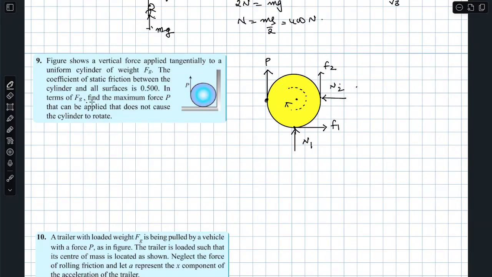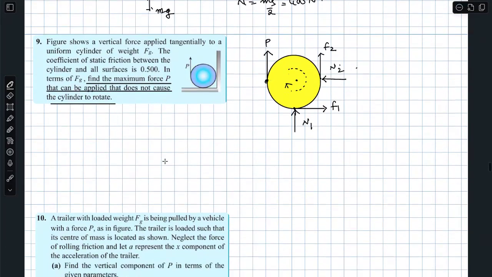What do you want? Find the maximum force P that can be applied that does not cause the cylinder to rotate. Net torque must be 0, right? Before I go for net torque, sigma Fy 0 means P plus F2 plus N1 is mg. Sigma Fx 0 means F1 is N2.